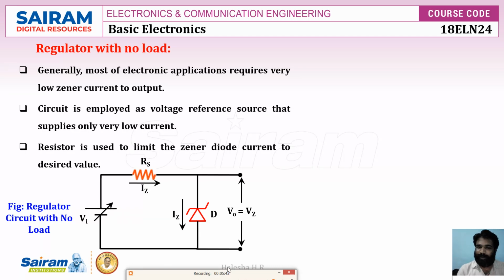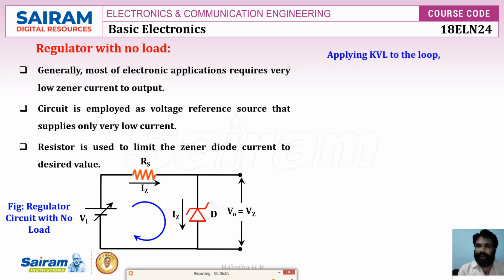So this is the circuit without a load. In this circuit, the current through the resistor is also the same IZ, and the same current passes through the Zener diode. And this is the current flow.